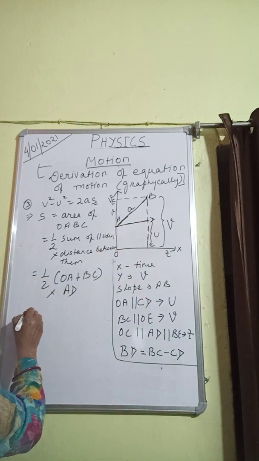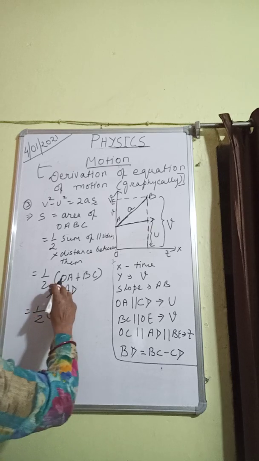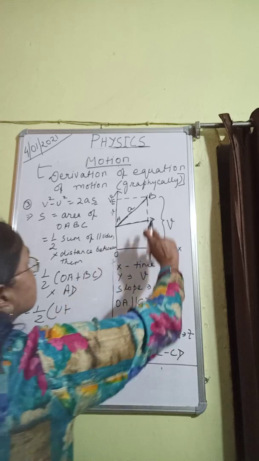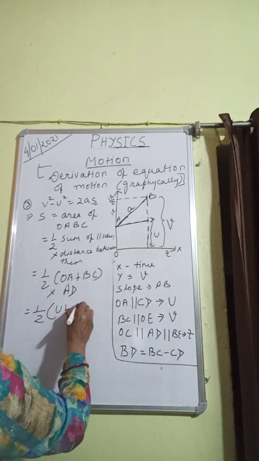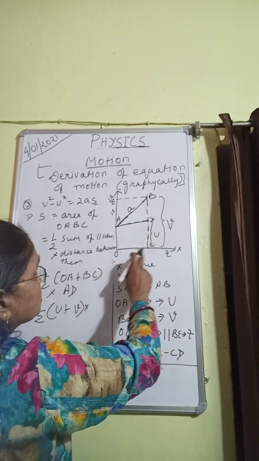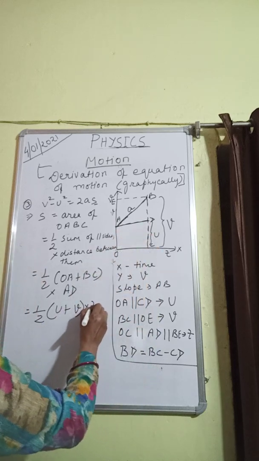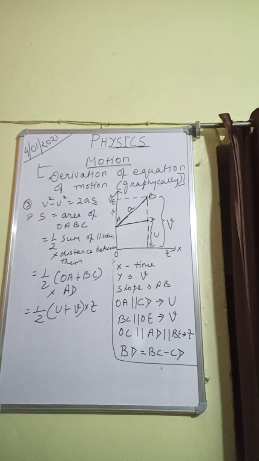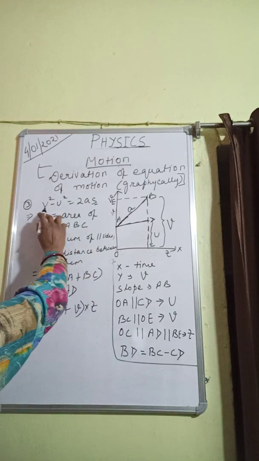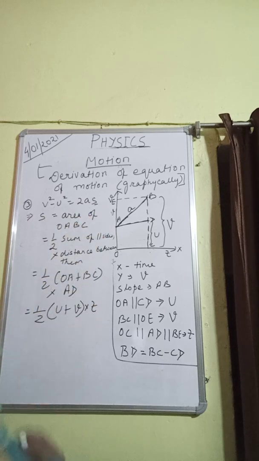So here you will see half, OA is U, plus BC is V, into AD, which is parallel to OC, that is time T. We have to replace the T because in the third equation of motion we don't need the time.